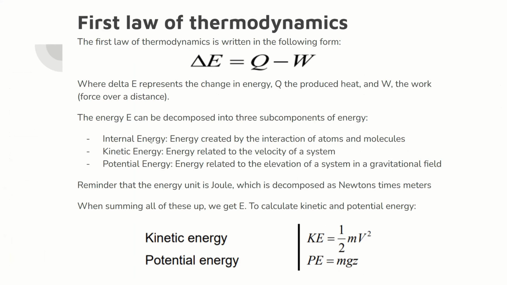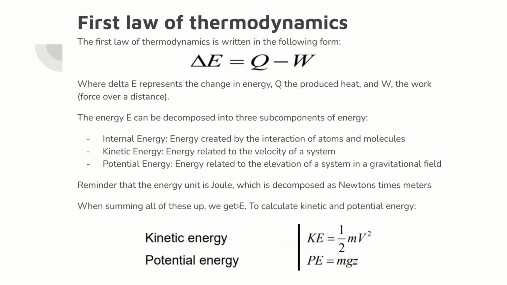There's internal energy, the energy created by the interaction of atoms and molecules. Kinetic energy is just how fast you're going. And potential energy is how high you are relative to whatever gravitational field you are in, so in this case, Earth. And these are the equations for kinetic energy and potential energy, which can be asked of you.